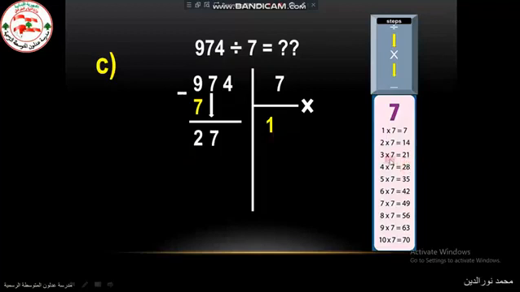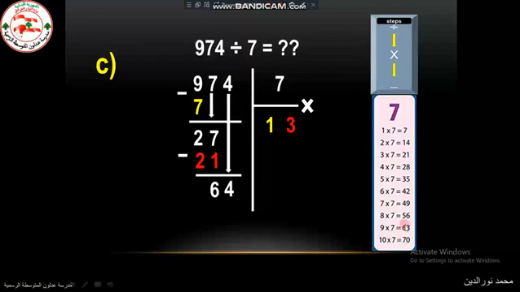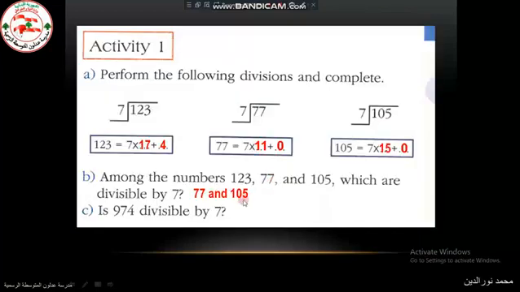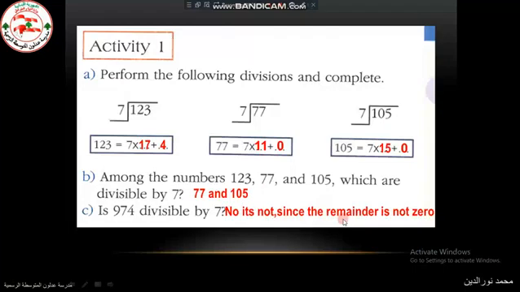Here 27, so we take 3 times 7. 3 times 7, 21. 6, and we drop 4. 64. 64 is here, so we take 9 times 7. 9 times 7 is 63, and the remainder is 1. So is it divisible by 7? No. Why? Since the remainder is not 0.